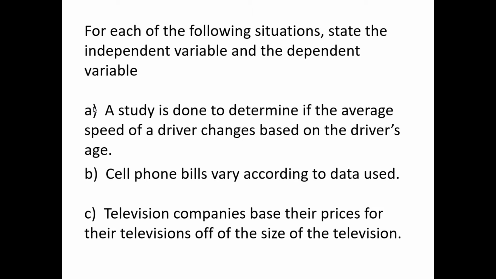In A, a study is done to determine if the average speed of a driver changes based on the driver's age. In B, cell phone bills vary according to data used. And in C, television companies base their prices for their televisions off the size of the television. Take a minute, see if you can think about which is the dependent, which is the independent variable for each.